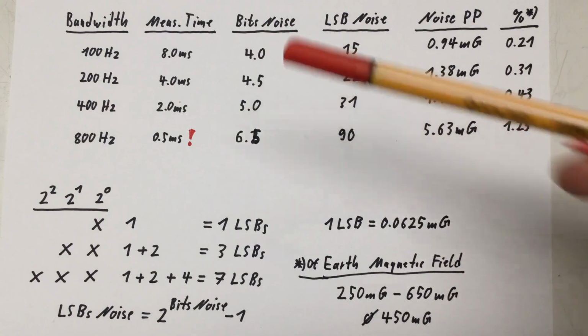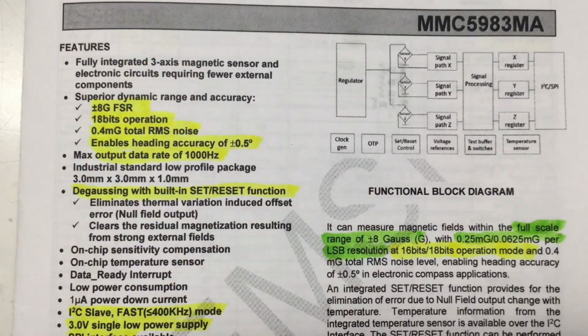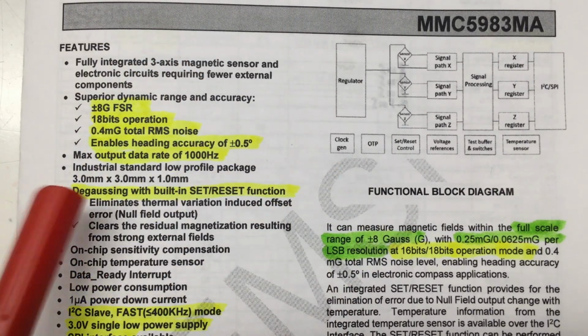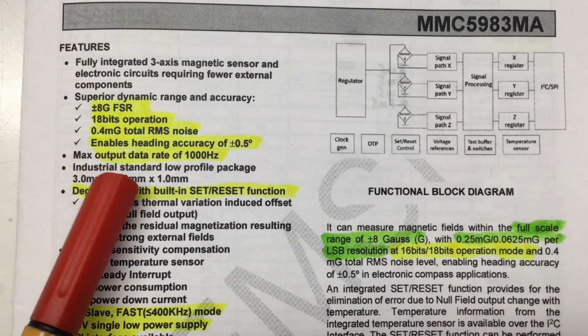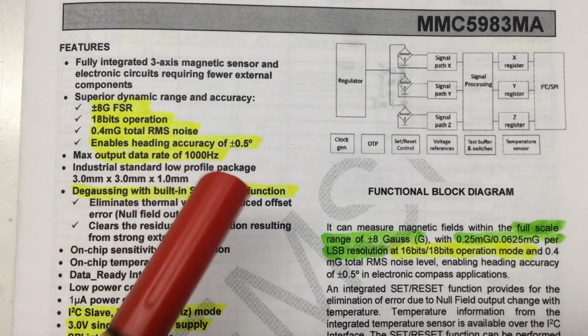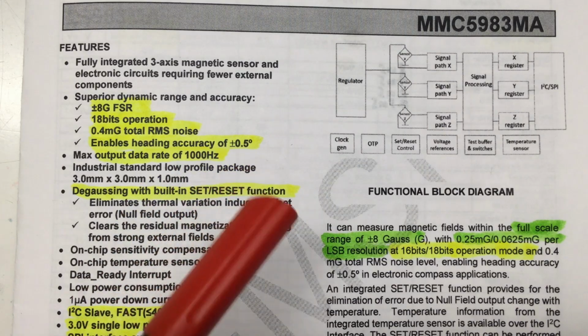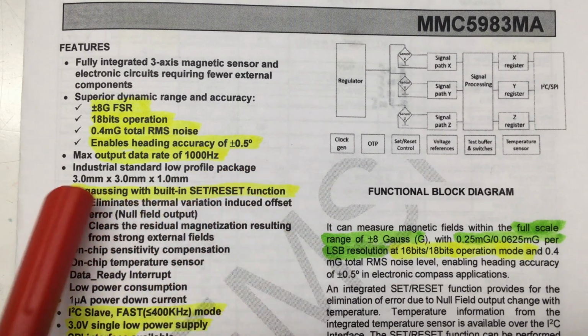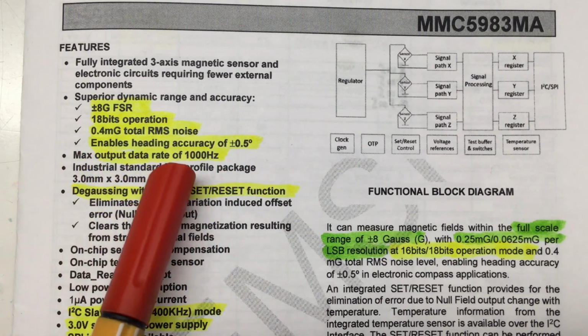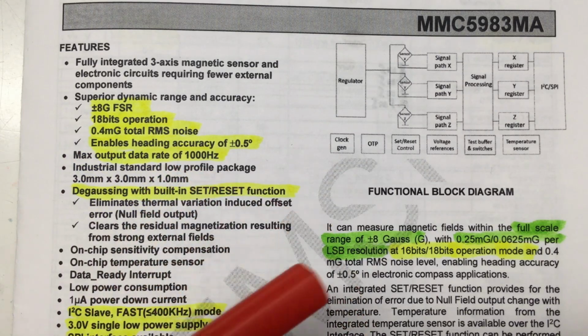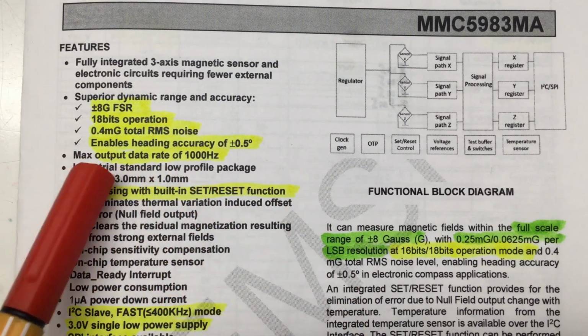We'll see. Second remark. In the datasheet, they promised us a 0.4 milligauss total RMS noise, and we, not measured really, but guesstimated a peak-to-peak noise in the 100 Hertz bandwidth mode of 0.94 milligauss.